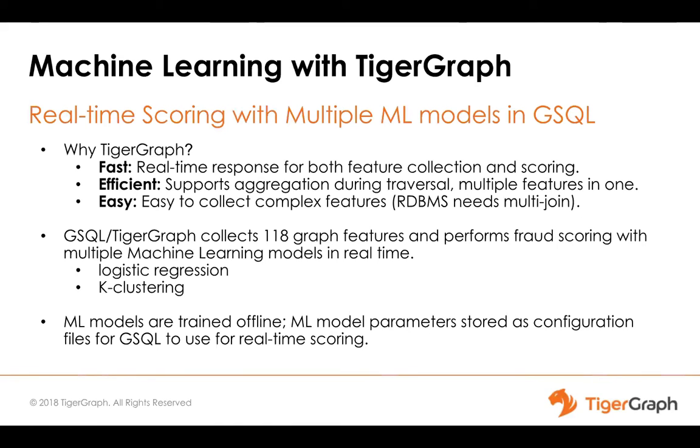We implemented logistic regression to classify the fraud type, and we also used K-clustering to cluster the scam phones or fraud phones. Actually, with TigerGraph you can use any kind of machine learning model as long as you know how to do the scoring. Machine learning models are trained offline, but their parameters are stored as configuration files for GSQL to use for the real-time scoring.